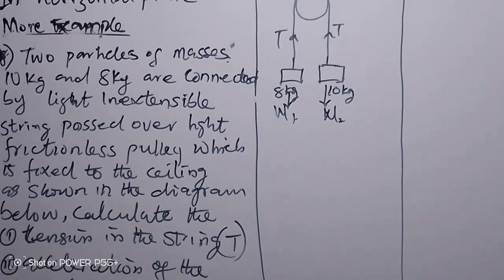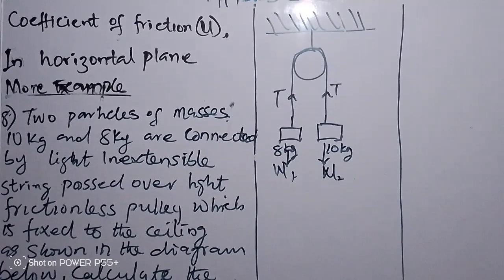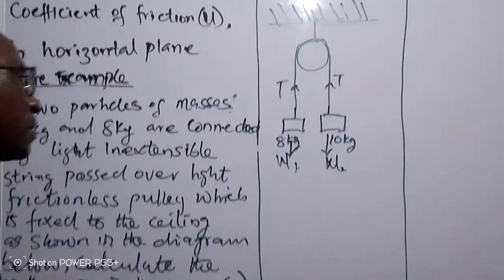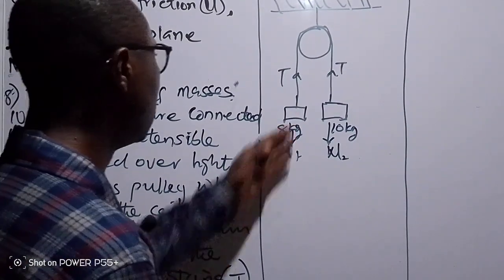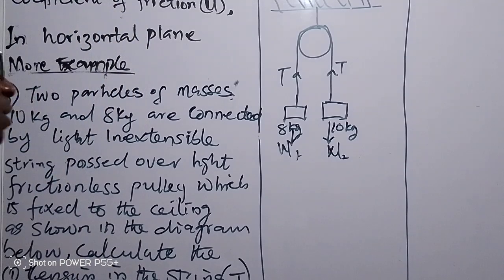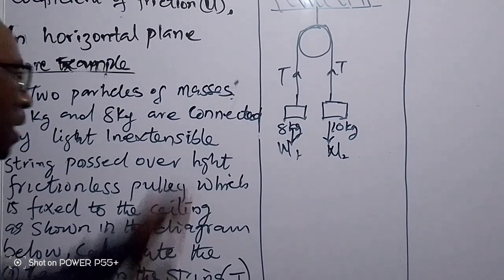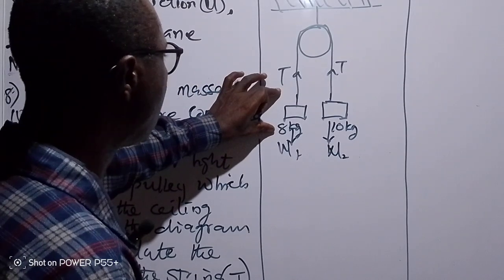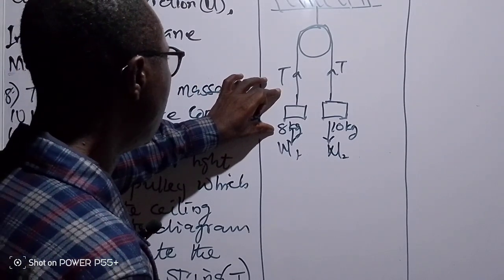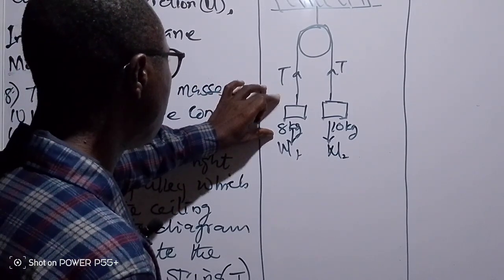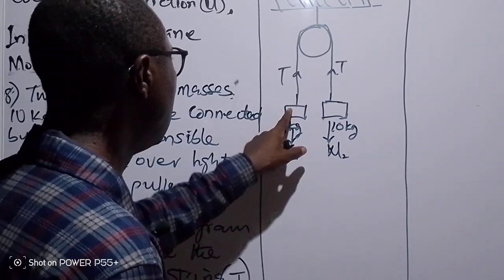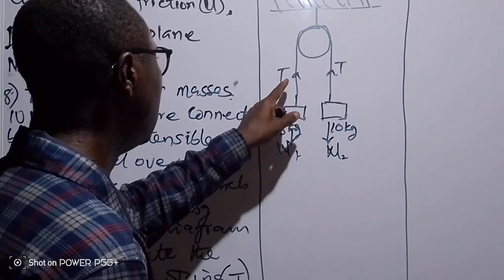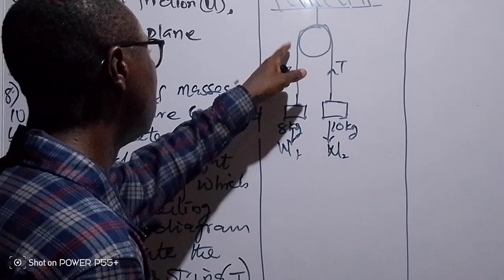So according to this diagram, let's look at it together. This one is basically on vertical motion only. But let's look at this side, the 8 kg side. If you look at it, this 8 kg is moving up in the same direction as the tension.